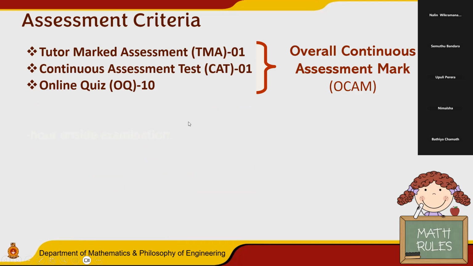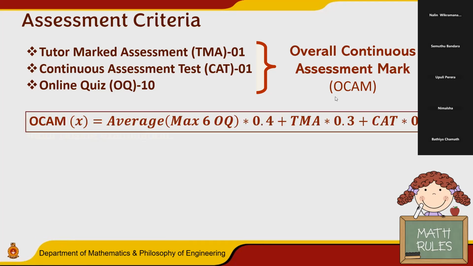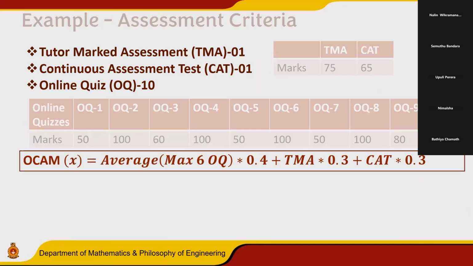This overall continuous assessment mark, or we call it the eligible mark, for this course is calculated according to this formula. Now, we have 10 online quizzes, but we do not take all the marks of all the quizzes for this calculation.